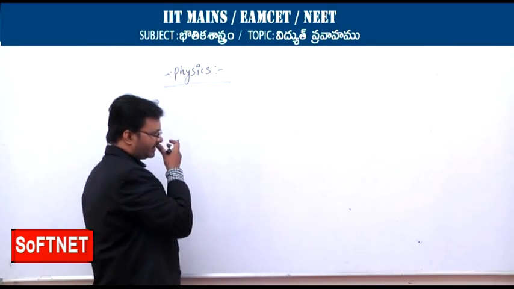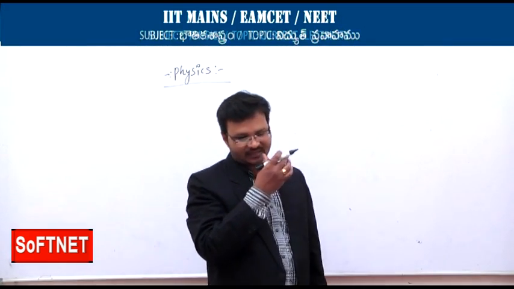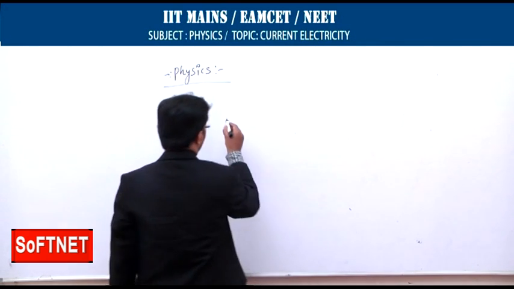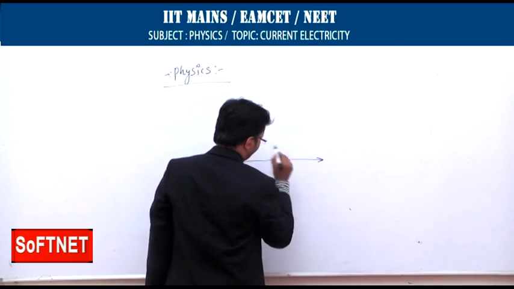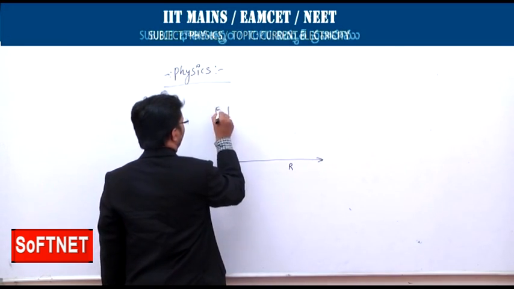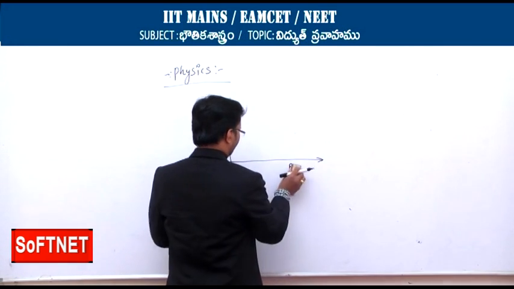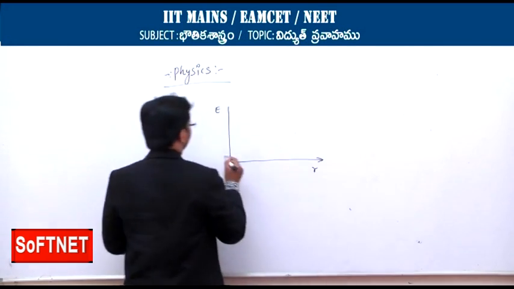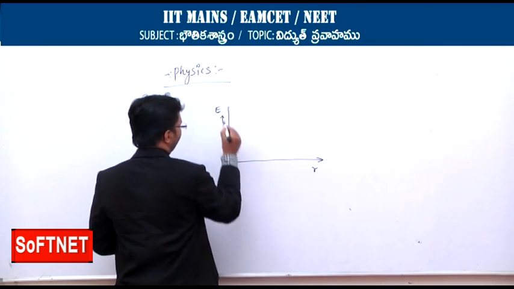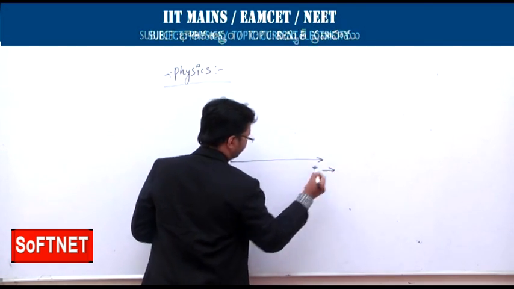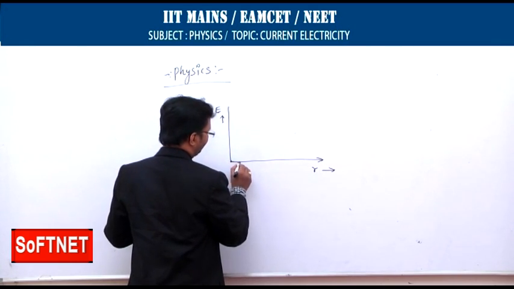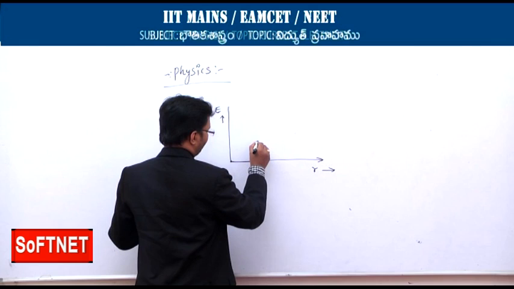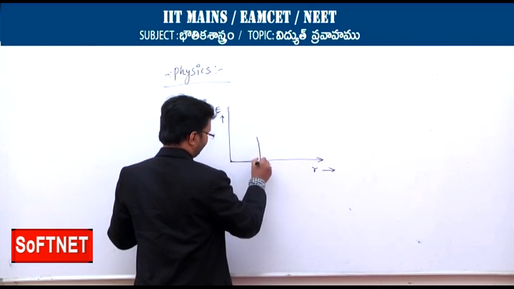Now we observe the graph of the sphere's electric field intensity. This is E and this is small r, the distance. From the center of the shell to the surface, there is no electric field intensity.